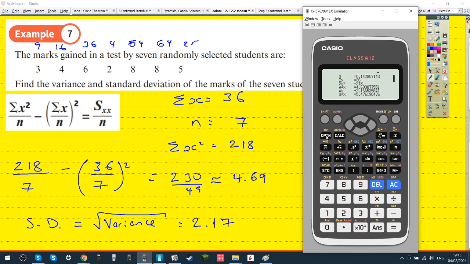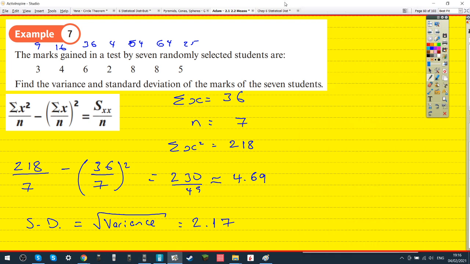So x bar, the average, is 5. Sigma x squared is 218. Sigma x is 36. Second from the last is 2.17 roughly, and that's what we needed, the standard deviation. Above it is the variance, 4.69.